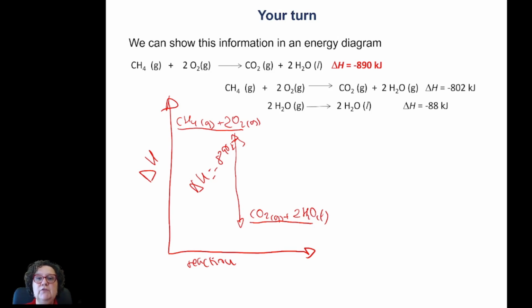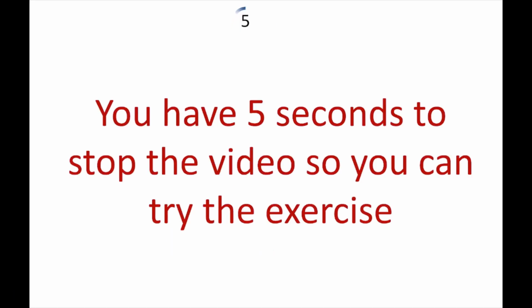What would happen if the reaction, instead of happening in 1 step to produce liquid water, went through an intermediate step, the reaction happening but producing water in gas form, and then the water in gas form was condensed to liquid water? How would you modify your energy diagram to reflect those extra 2 steps? Stop the video now, please.